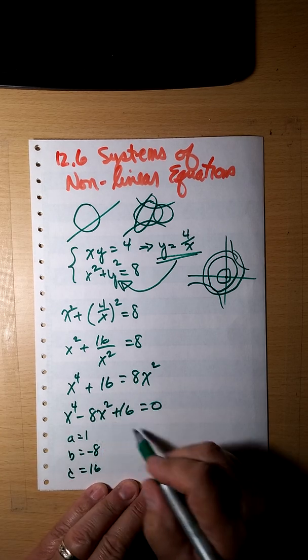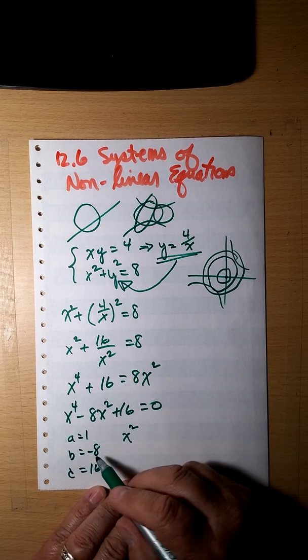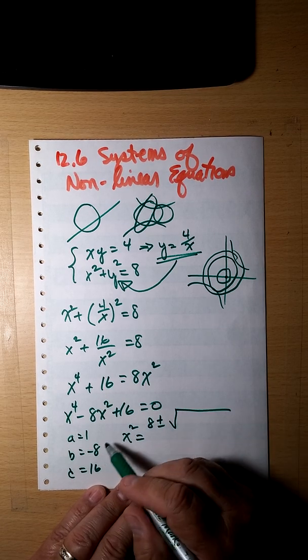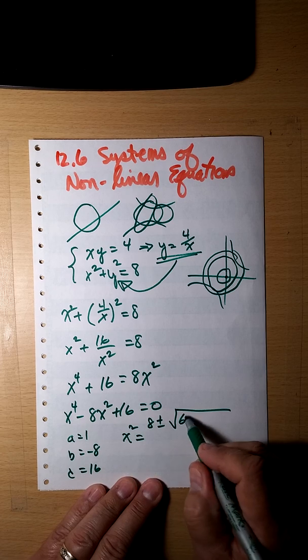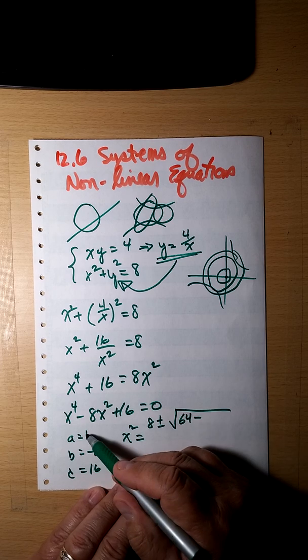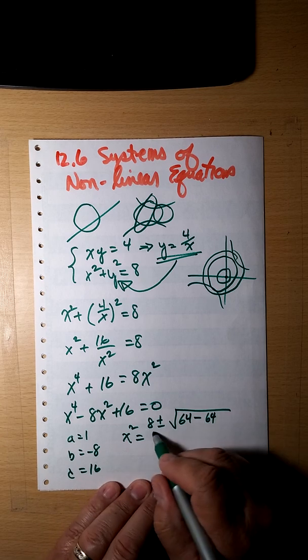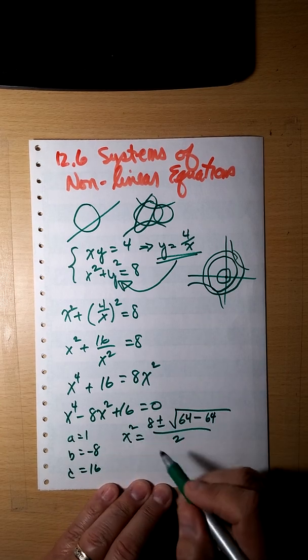And so not x, but x squared is equal to the opposite of b, or 8, plus or minus the square root of b squared, which is 64, minus 4 times 1 times 16. And 4 times 16 is 64, all over 2 times 1, or 2.